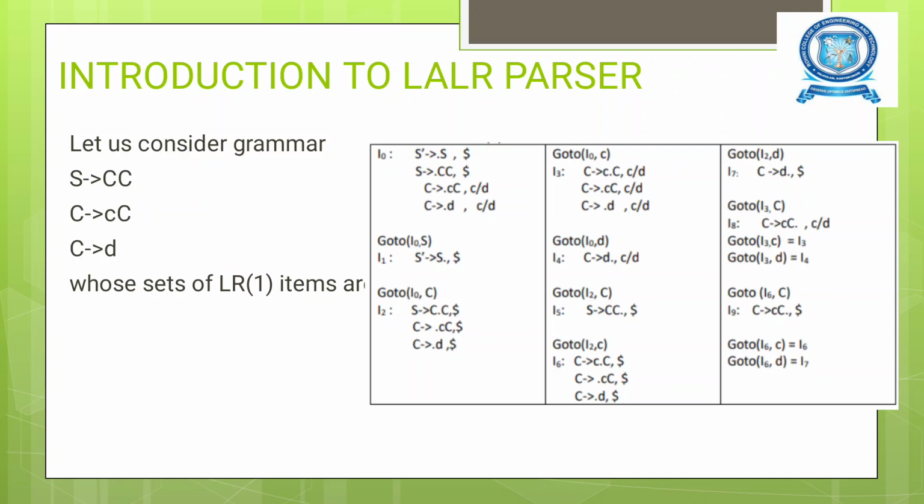Then S implies .CC, with the second component dollar. The dot is placed before the capital C, so we add the productions available for C. Here the second component is filled by the first of C, because after the dot the next term is another capital C followed by dollar.